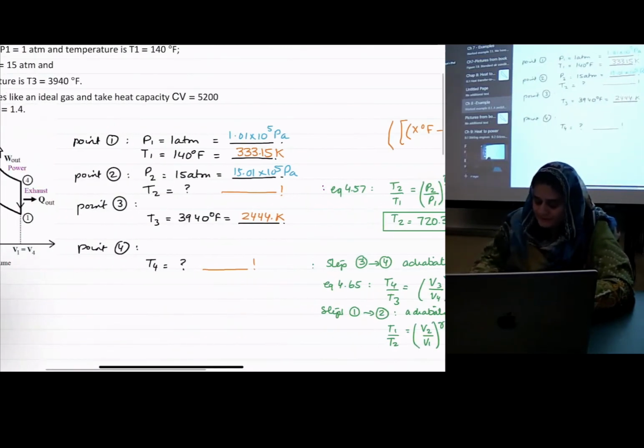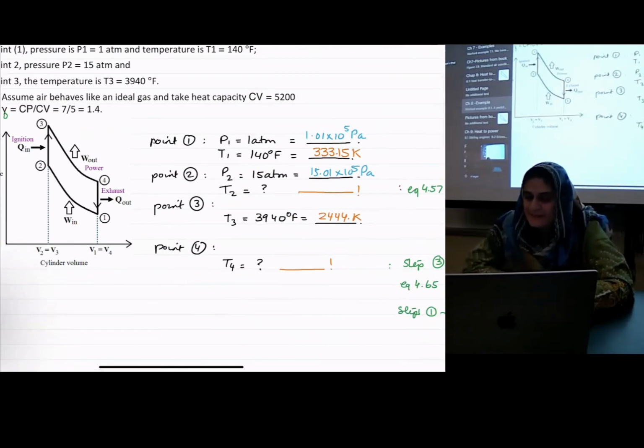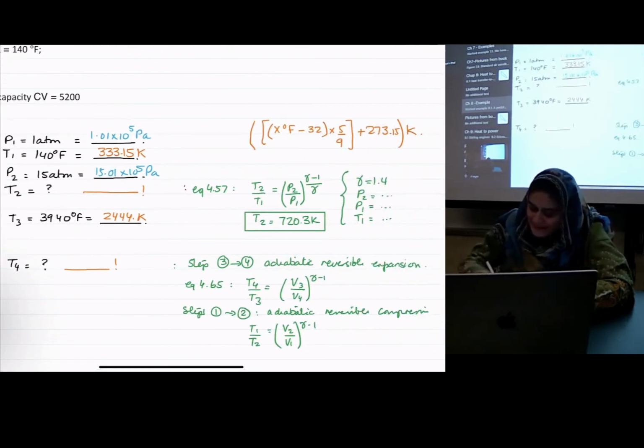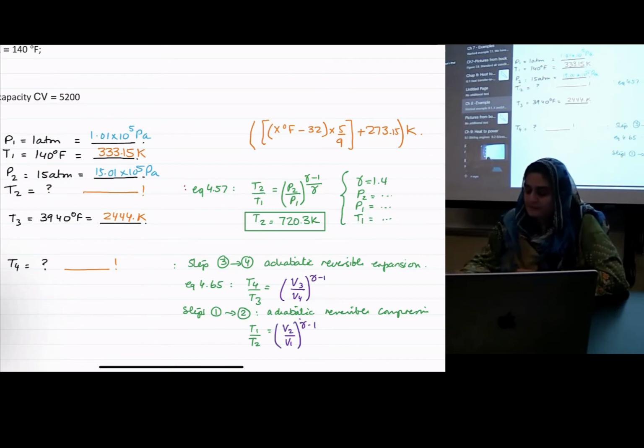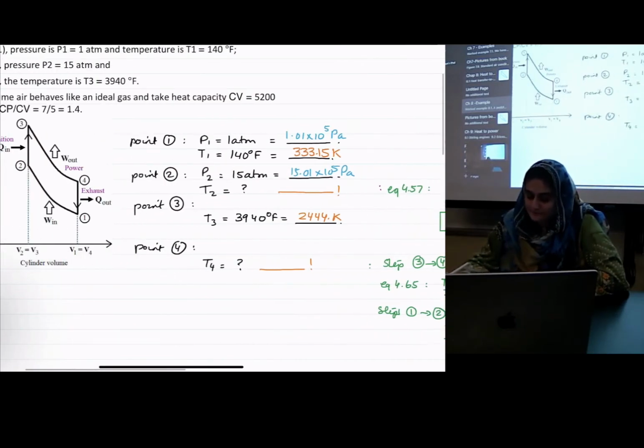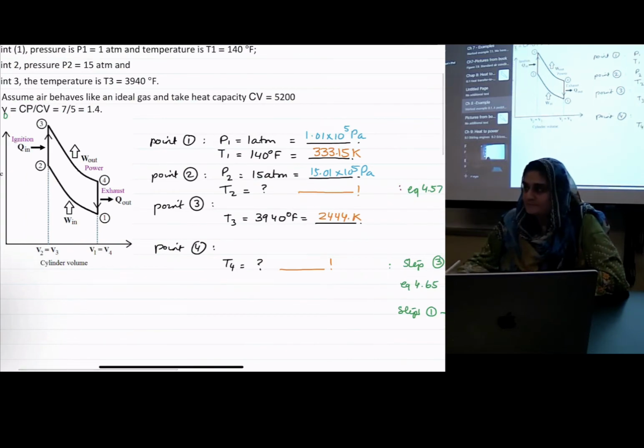Now look at the picture. Is V1 the same as V4? Is V2 the same as V3? So may I write the left-hand side of these two equations to be equal? The ratios will be equal? V3 over V4, V2 over V1? From this picture? Will the ratios be the same? Yes. Good.